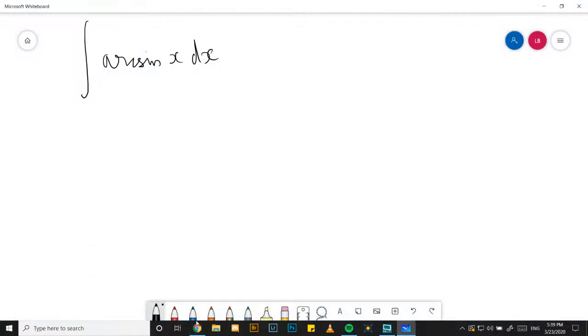Okay, arc sine x dx. You're not able to just normally integrate it, but the derivative of arc sine x is way easier, so this is how you would do it. U, du, v, dv.